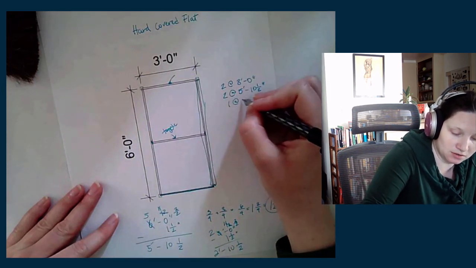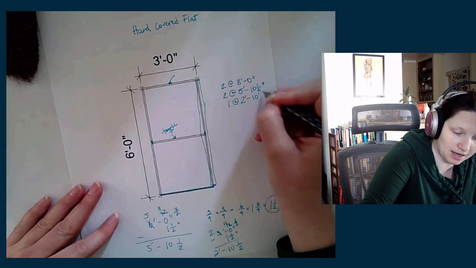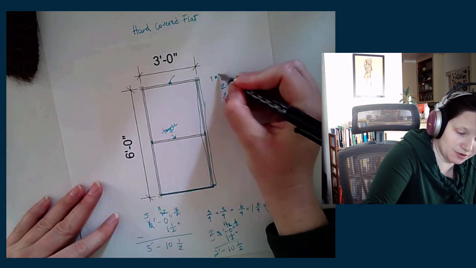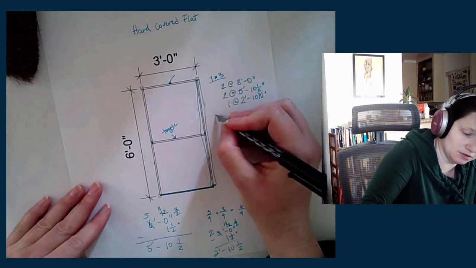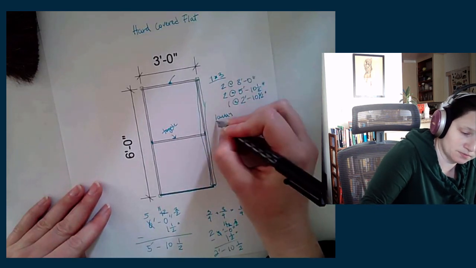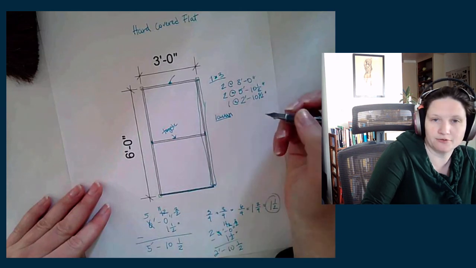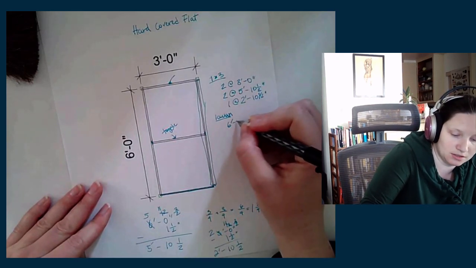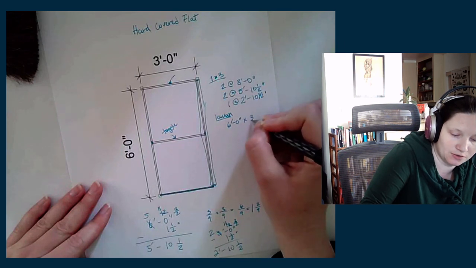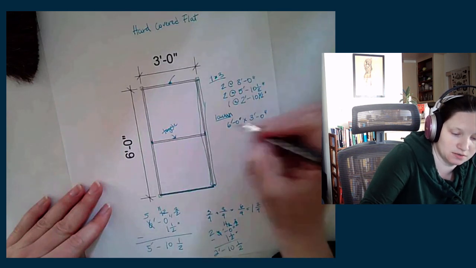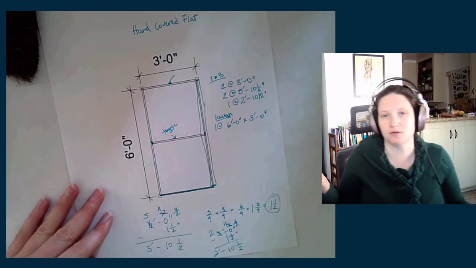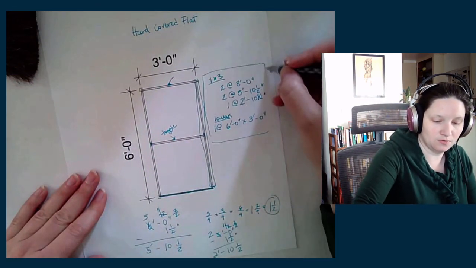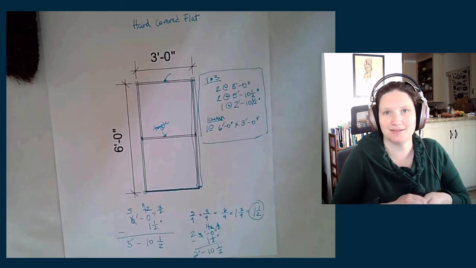One toggle at 2 foot, 10 and a half inches. This is 1 by 3. Then I need Luan, right? The plywood cover. And that is going to be 6 feet, 0 inches by 3 foot, 0 inches, 1 at that length. Okay. So then this is now our cut list for that hard covered flat.